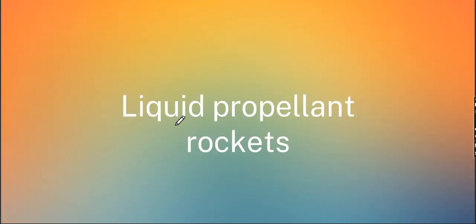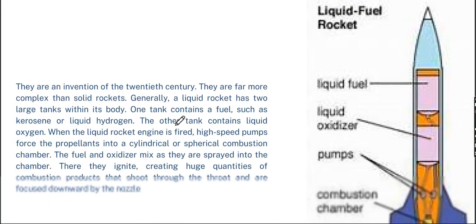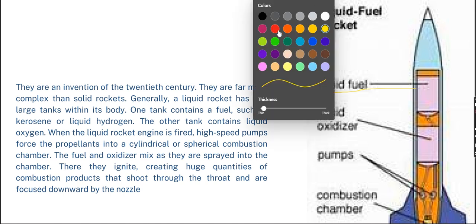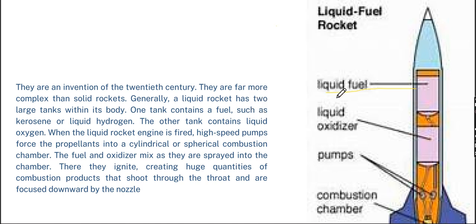Now we talk about liquid propulsion rockets. In a liquid propellant rocket, there are two cylinders. In the upper cylinder, there is the liquid fuel, and in the lower cylinder, it is the liquid oxidizer.